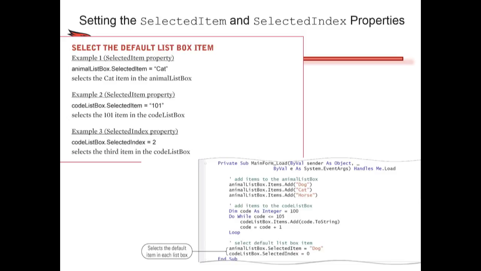The code at the bottom right shows that after we have created the animal list box with 3 items, and added items using the while loop to the code list box, we have selected 2 default list box items right at the end, where the default item in the animal list box is dog, and that in the code list box is the first item since its index is 0.